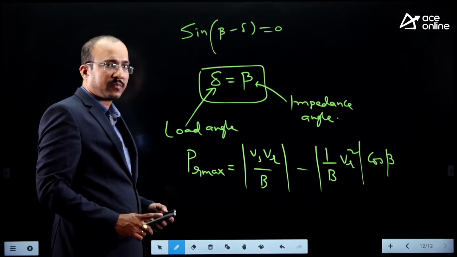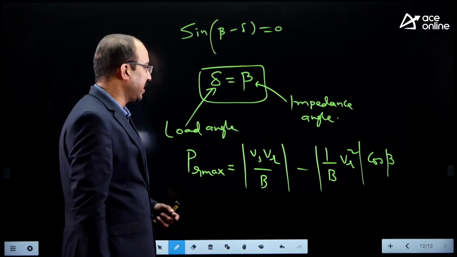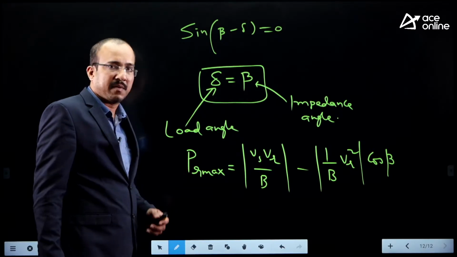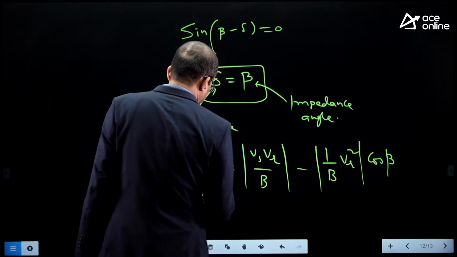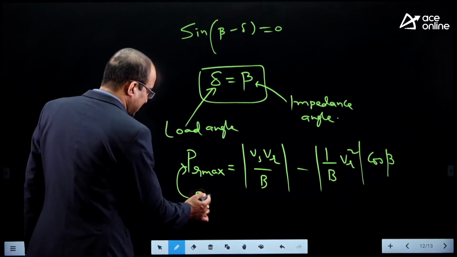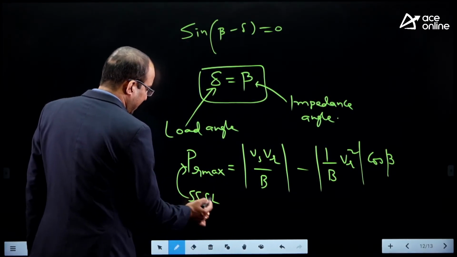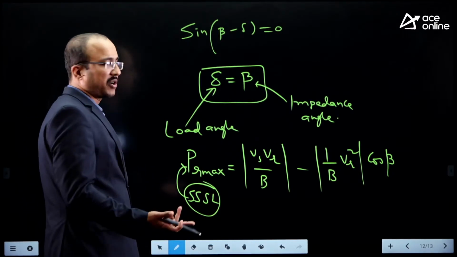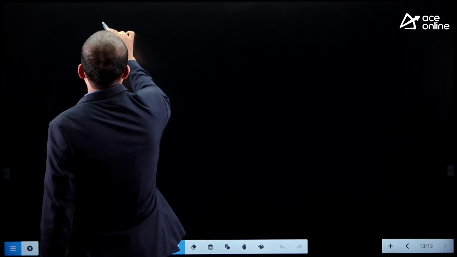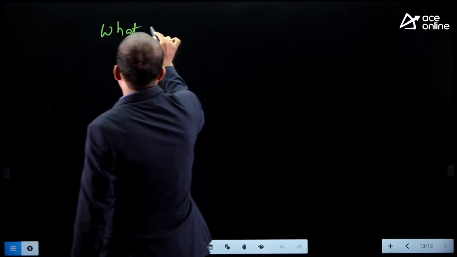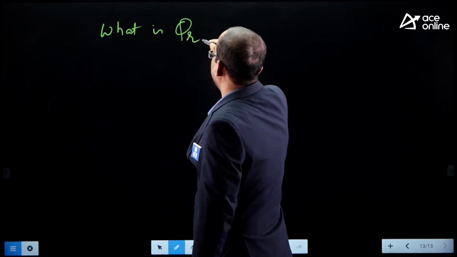Now, what will be the reactive power under maximum power transfer condition? This is nothing but the equation to calculate the steady state stability limit in case of a short transmission line.